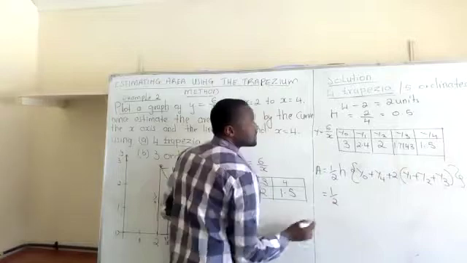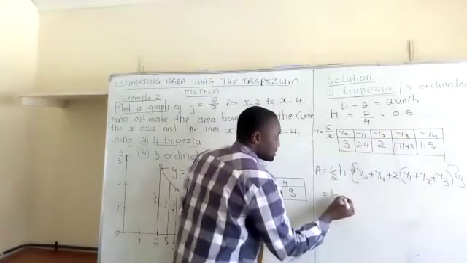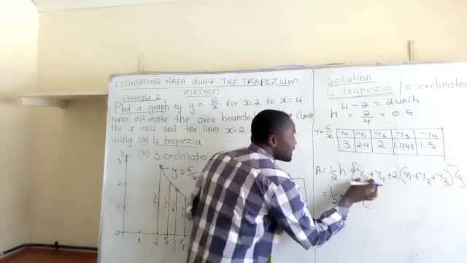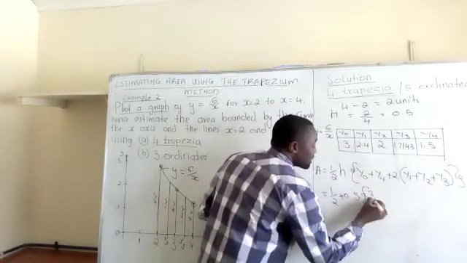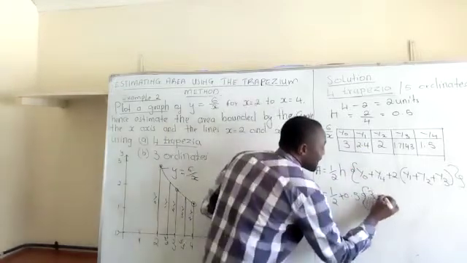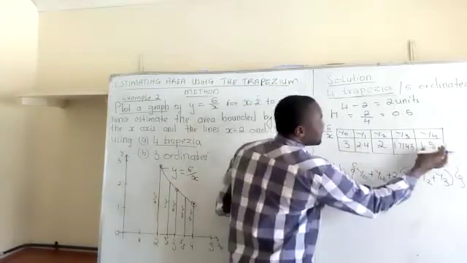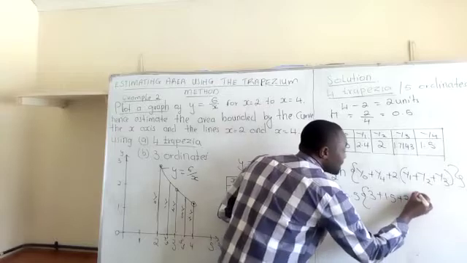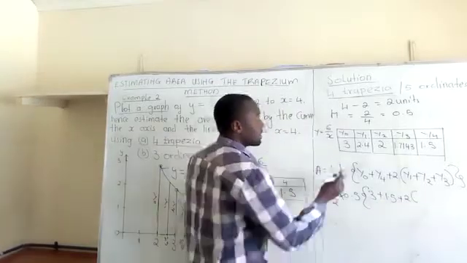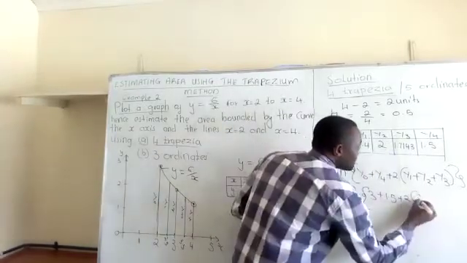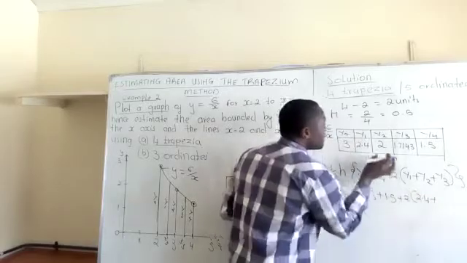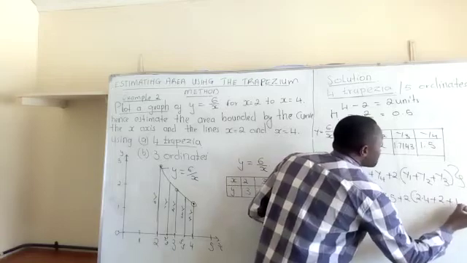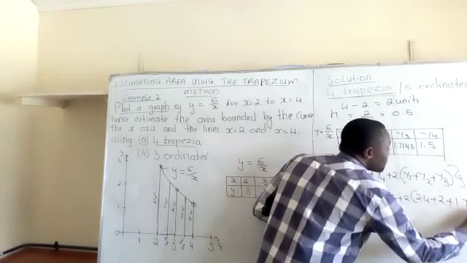Our height, we noted, is 0.5 into the first ordinate, which is 3, plus the last ordinate, which is 1.5, plus twice the second ordinate here, 2.4, plus 2 plus 1.7143.